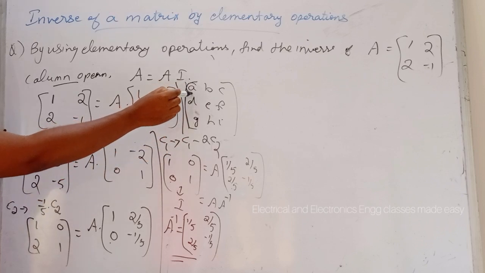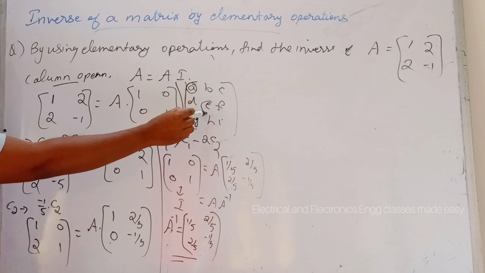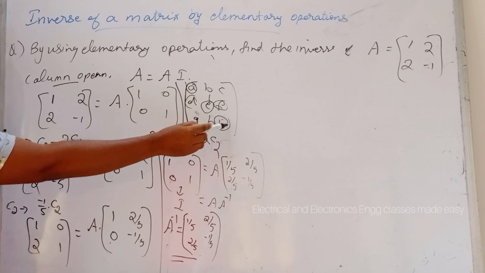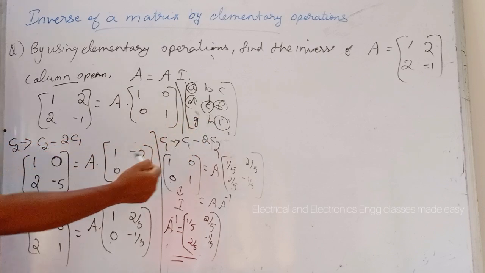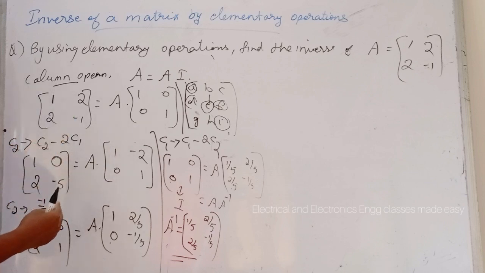First of all make this one 1, then make these two 0, then next this as 1, then these two elements 0, then next make this one 1, then these two elements 0. So in this way we can do the elementary column operations.